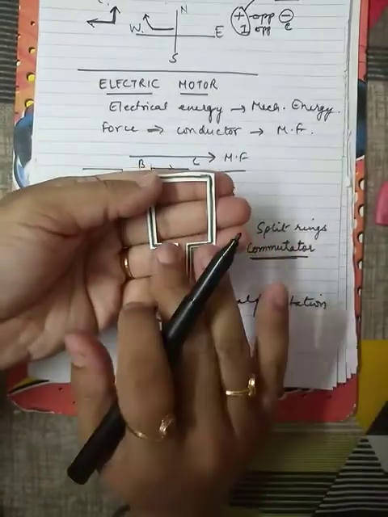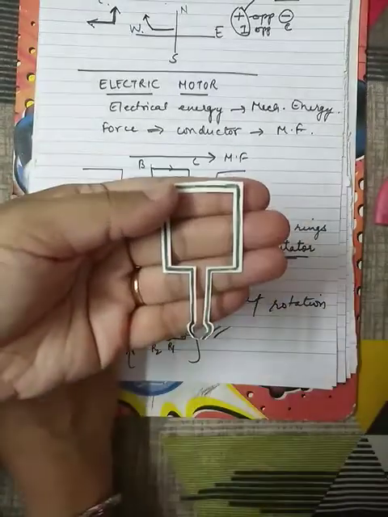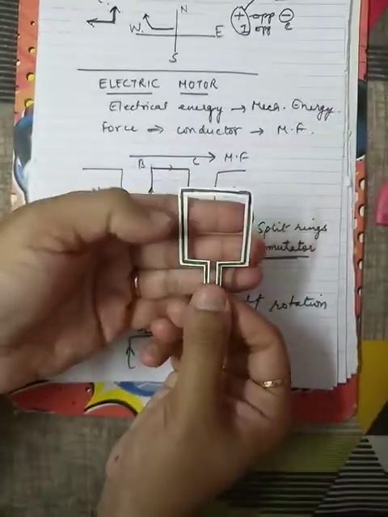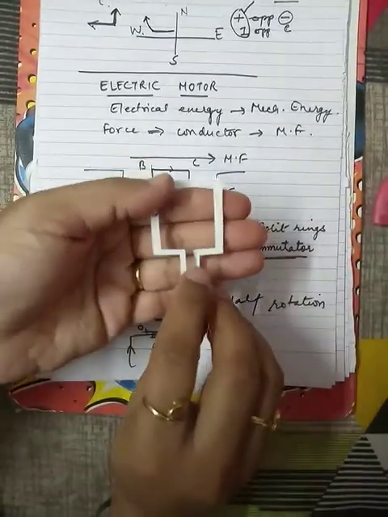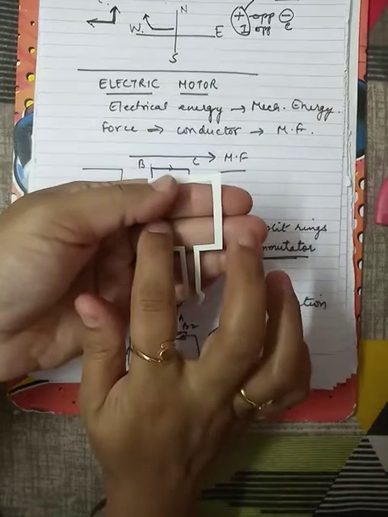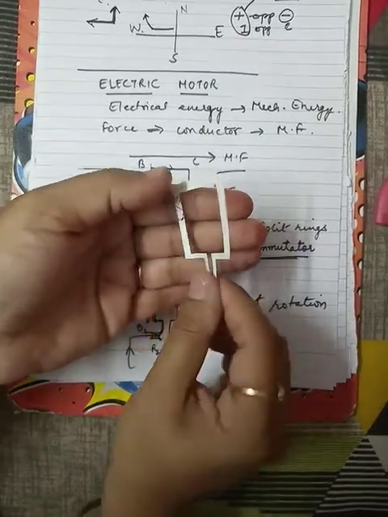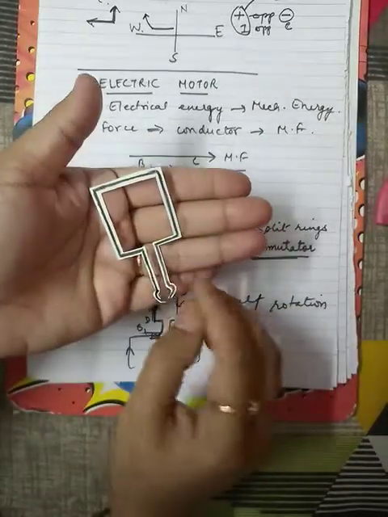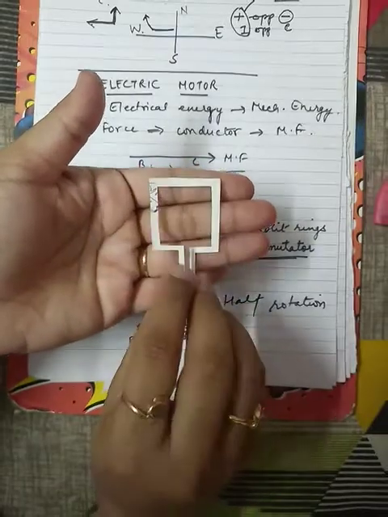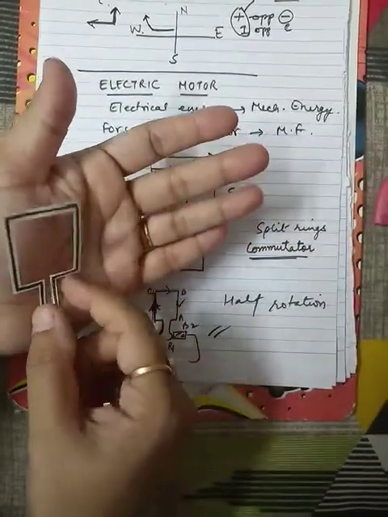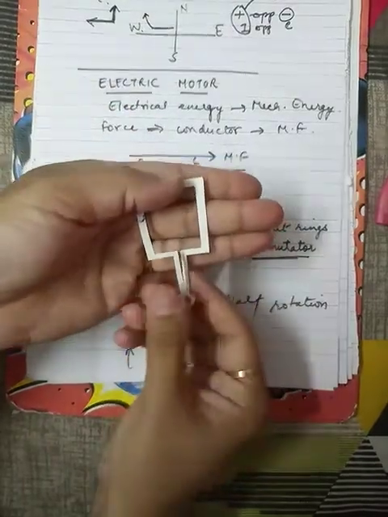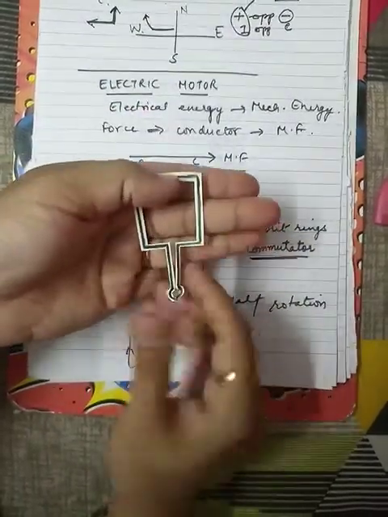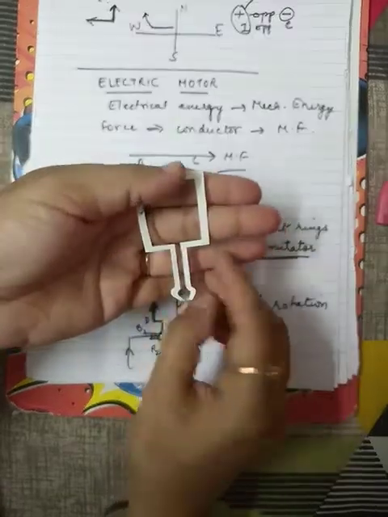So it is completing one rotation. Again the force will be applied. It is moving downward, it is moving upward, then again force will be applied downward, then upward. So it is completing one rotation every time like this. Okay, one rotation, then again force applied, one rotation, again force applied, one rotation, like this.